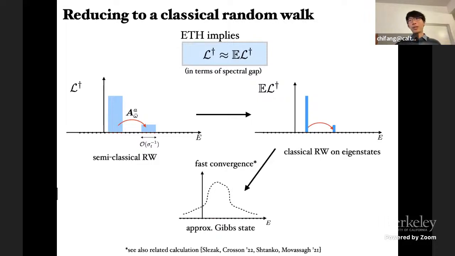And now you can celebrate, because you can open your Markov chain textbook and analyze the mixing time of this object. It becomes a 1D random walk on energy. And that would be the proof. You completely understand this classical random walk, and then in the end you relate it to the semi-classical object, which is controlled by ETH. And that's the proof.